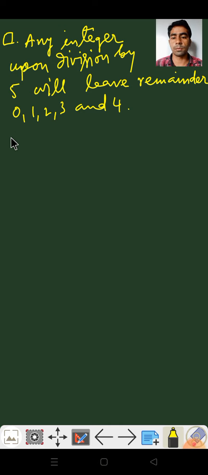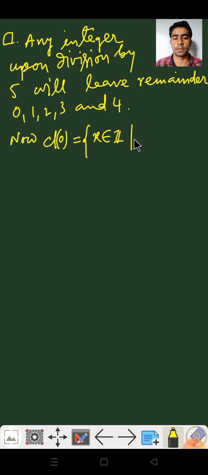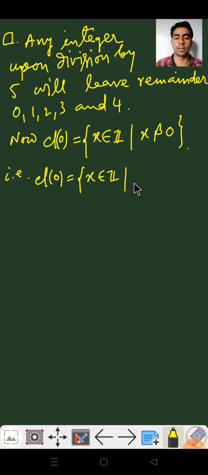Now, by the definition, the class of 0 equals the set of x belonging to Z such that x is related to 0. That is, the class of 0 means the elements x belonging to Z such that 5 divides x square minus 0 square.